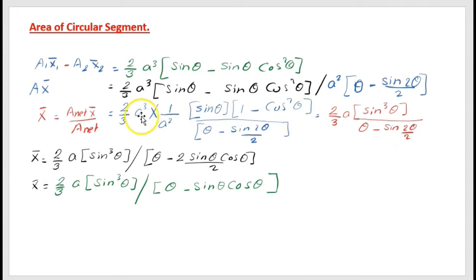So we get 2/3 A cubed over A squared divided by bracket of theta minus sine 2 theta over 2. This sine theta by sine squared theta will give us sine cubed of theta.